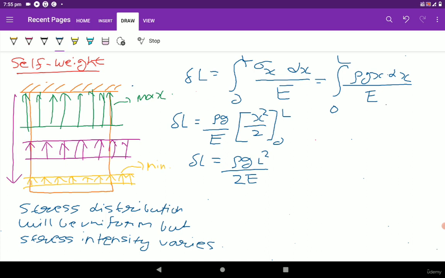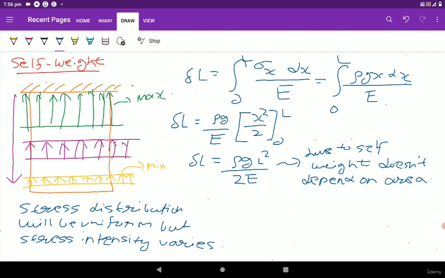So you can see that delta L due to self weight does not depend on area.